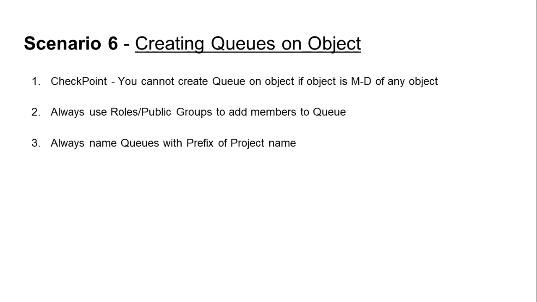It's one of the best practices. The only reason is that you want to avoid people manually adding people to a queue. Everything should be automatic. And for any dev project you're working with, use the prefix of that project when you are naming.